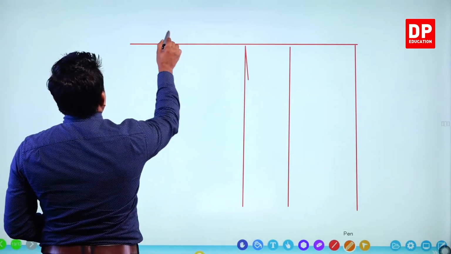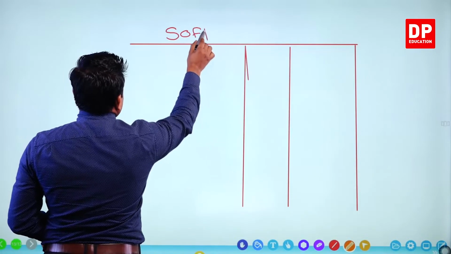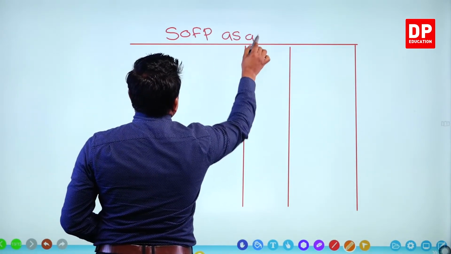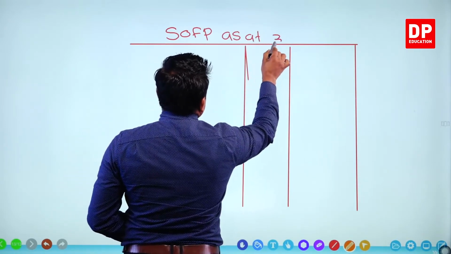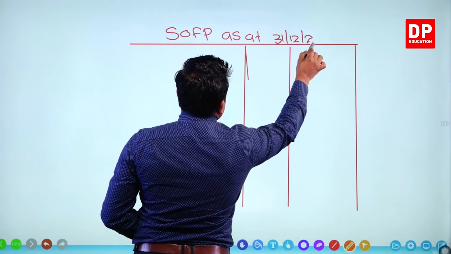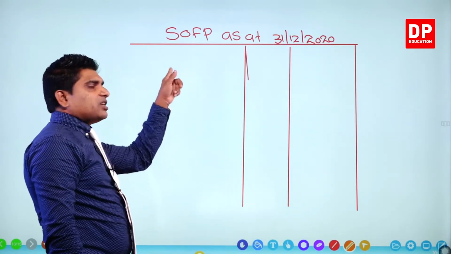Statement of financial position as at 31st December 2020. Remember, you had to write the name of the business also.